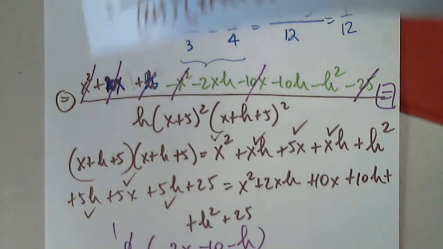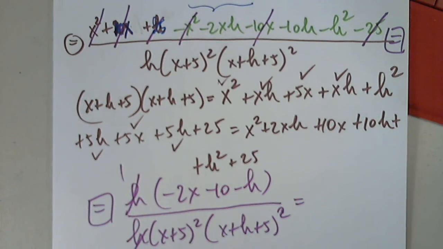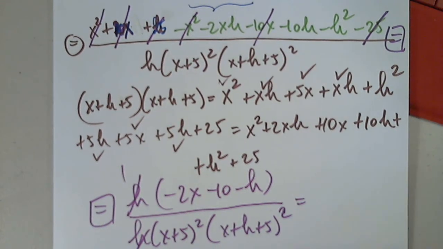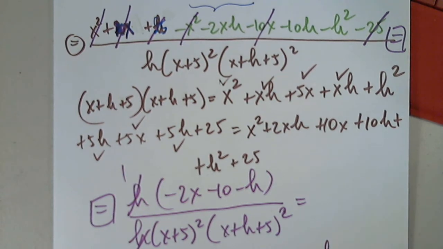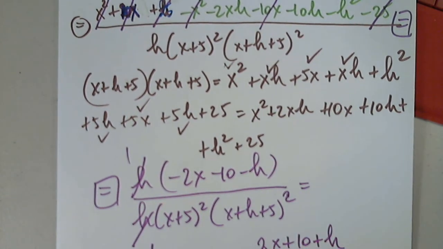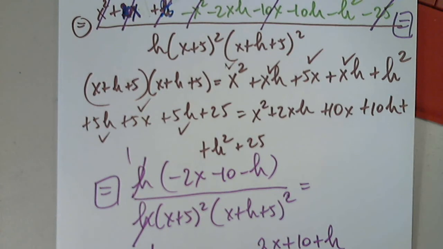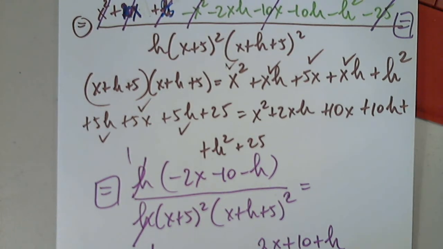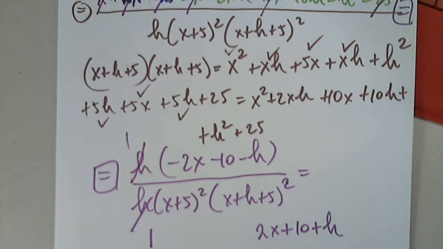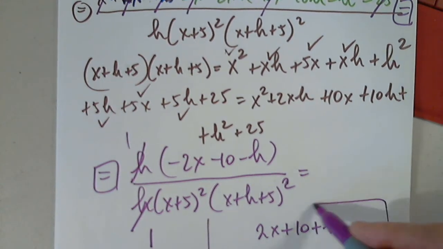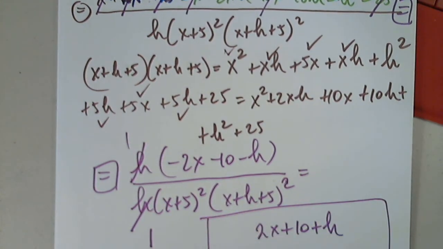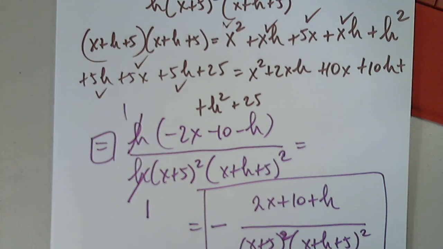Final simplified form, negative in front, 2x plus 10 plus h over x plus 5 squared, x plus h plus 5 squared. And this is it. Any questions?